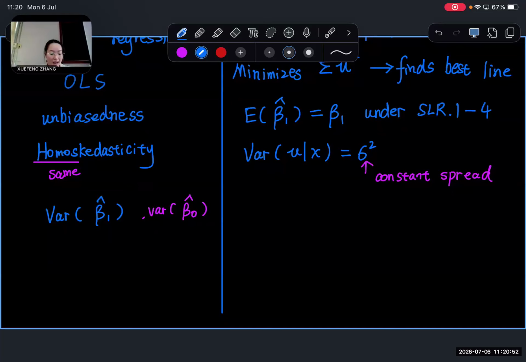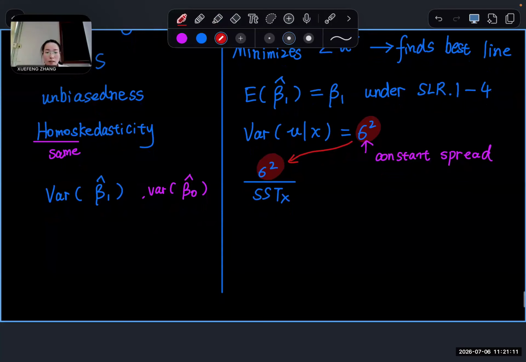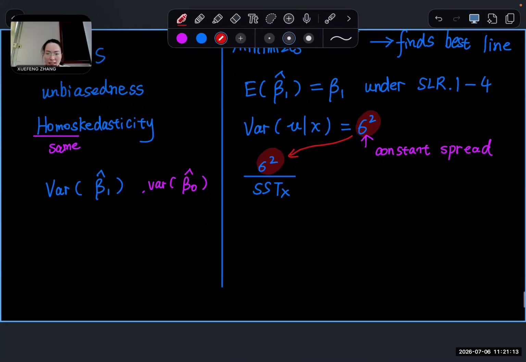So the variance of beta 1 hat is sigma square over SST from X, okay? So here actually sigma square, this is how we get sigma square.